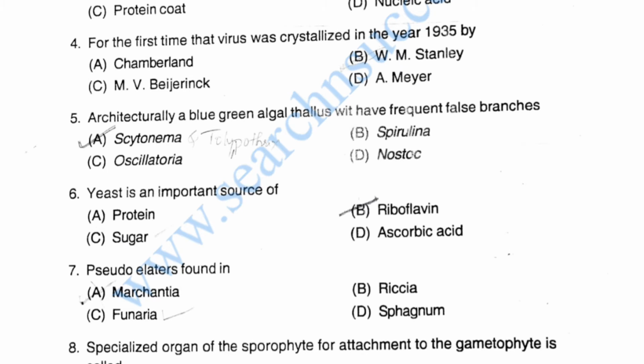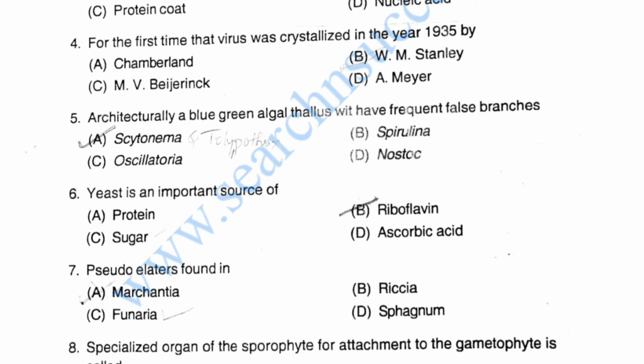In Funaria, Riccia and Sphagnum, no elaters are found. So the question should be modified to: elaters are found in dash, with no pseudo. The answer is Marchantia. In Marchantia, elaters are present in the sporogonium. And what is the function of the elater? Elaters help in spore dispersal. Elaters are hygroscopic in nature, and they help in spore dispersal.